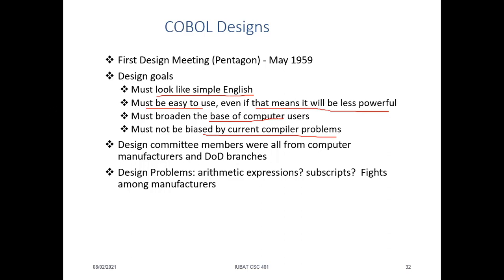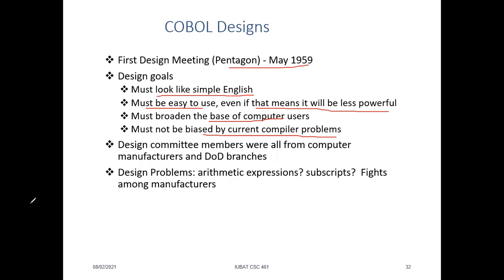So they were trying to develop a programming language that should be easy to use by everyone, because previously programming languages were only possible to write if you were a computer engineer or computer scientist. So it actually discouraged normal people. Even if someone wanted to learn programming, it was very difficult. So in a meeting at the Pentagon, the American Department of Defense tried to develop a programming language that would be easy to use, especially for business purposes.